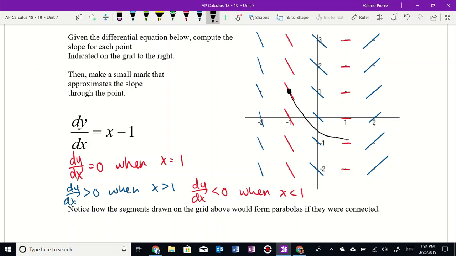Whatever the tick marks do, that's what I'm going to do. And if you look, they create this type of parabola. So when given a slope field to draw a particular solution, you find the point that exists, and then you just follow the tick marks, follow the curve that it creates to create the graph.